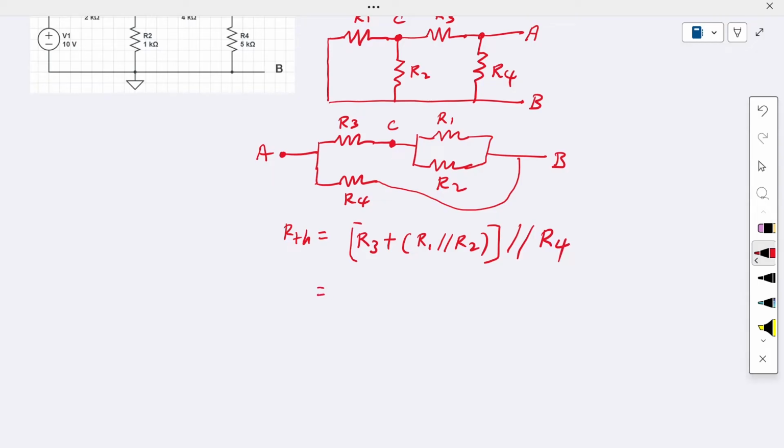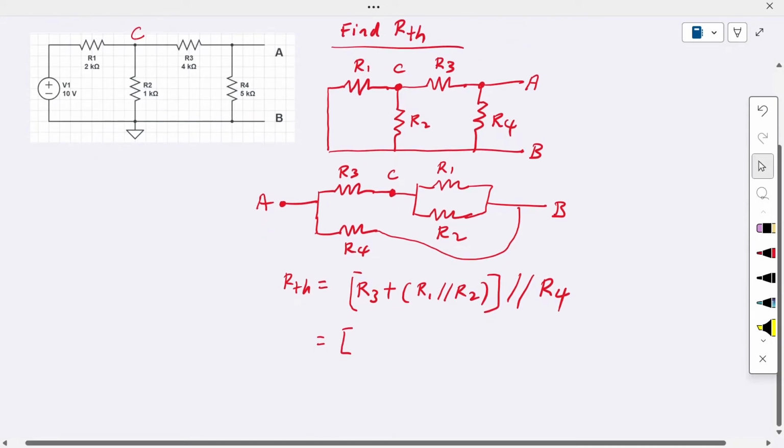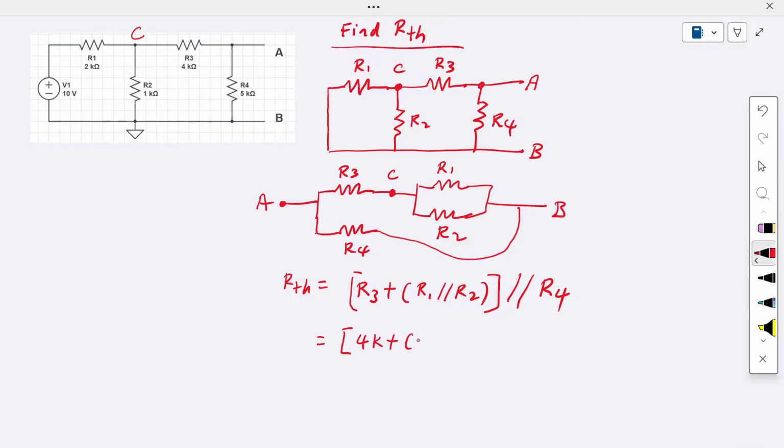So now we're going to substitute the values. R3 is 4K. R1 is 2K. And R2 is 1K. Then it's parallel with R4, which is 5K.